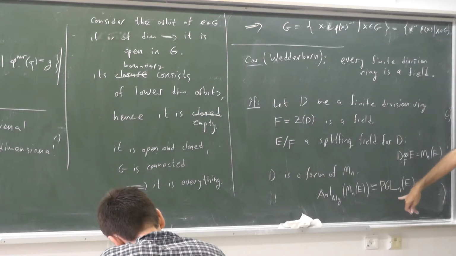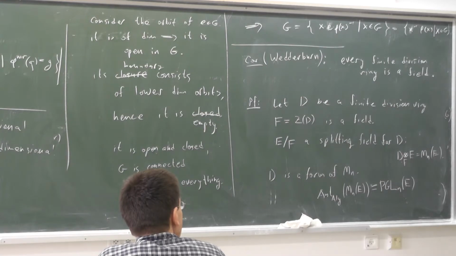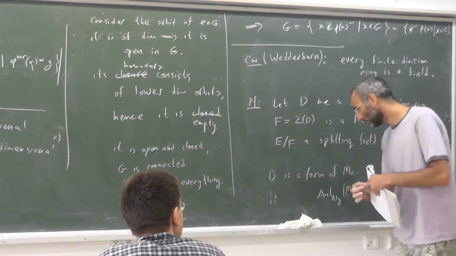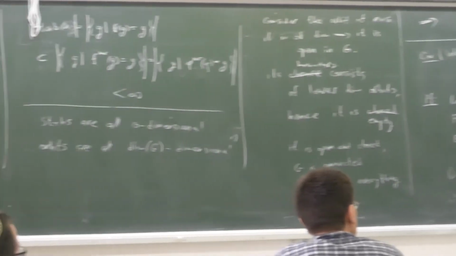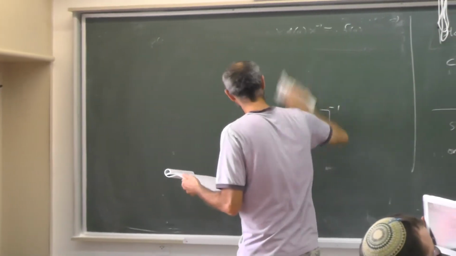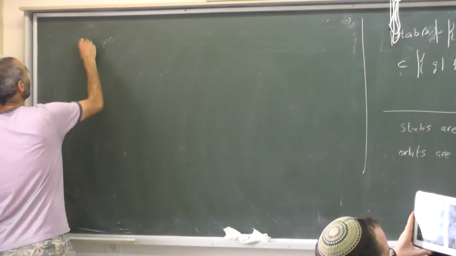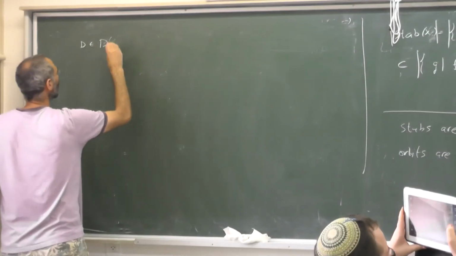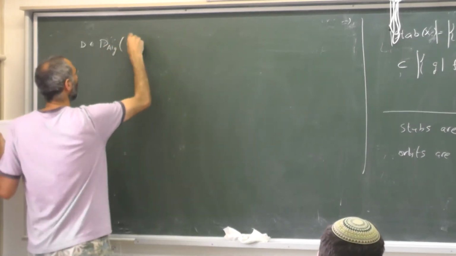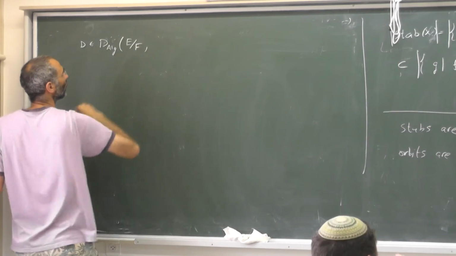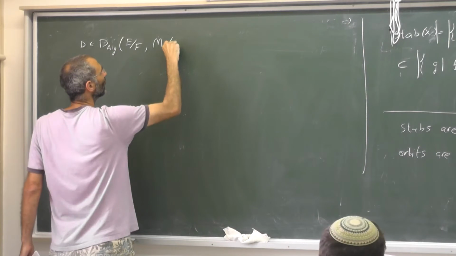So this is my G. This is a connected group over this finite field E. Now D is an element of the Galois descent set of algebras split over F.